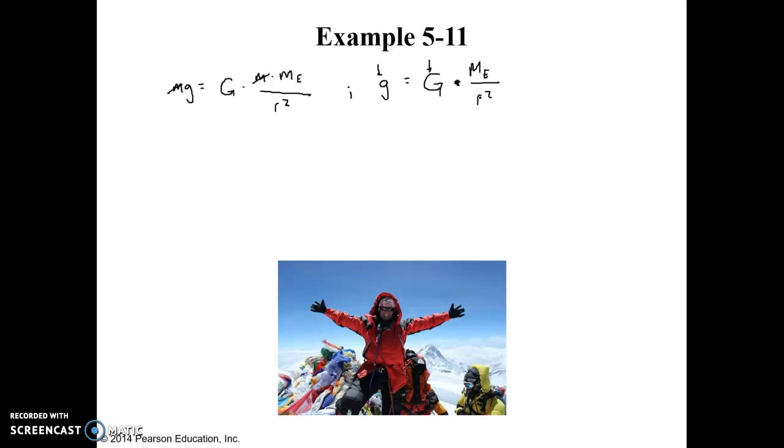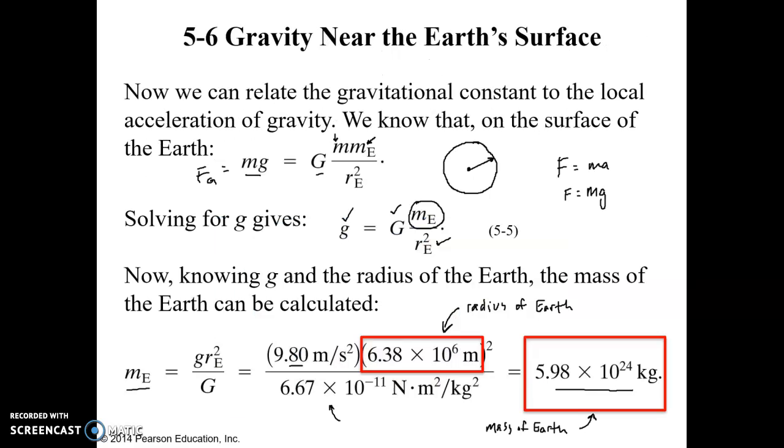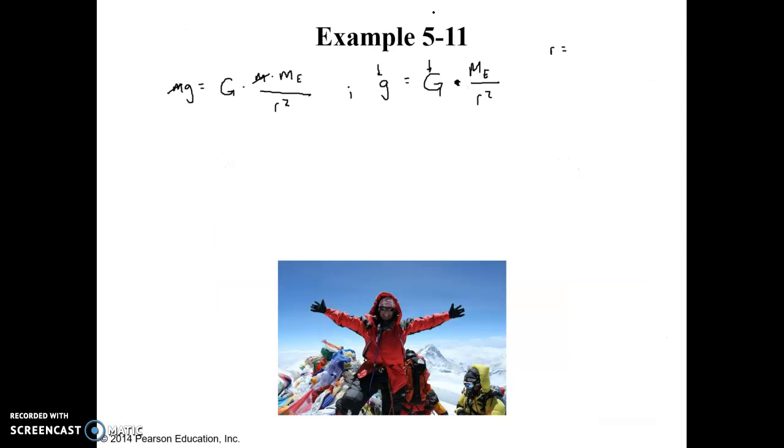Well, normally the radius of the Earth is what? We just had that on the previous slide. The radius of the Earth is 6.38 million, 6,380,000 meters.